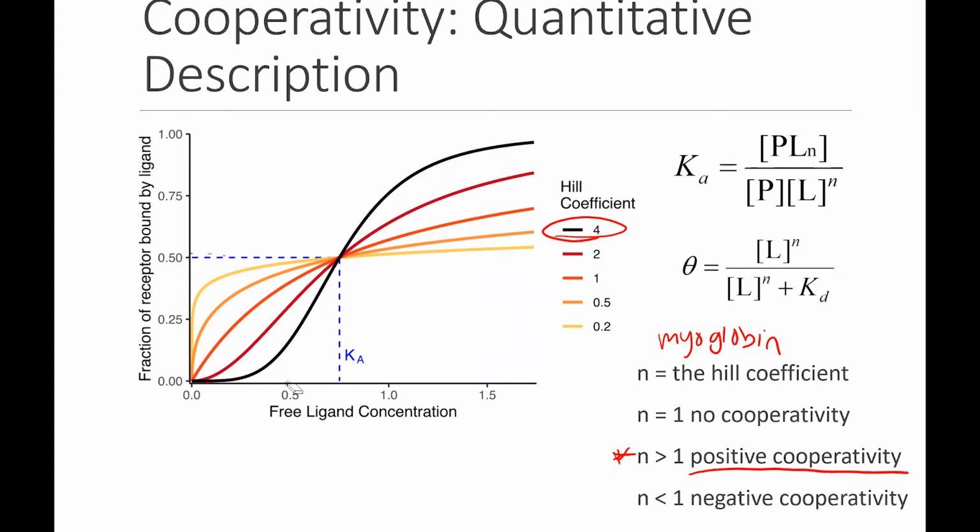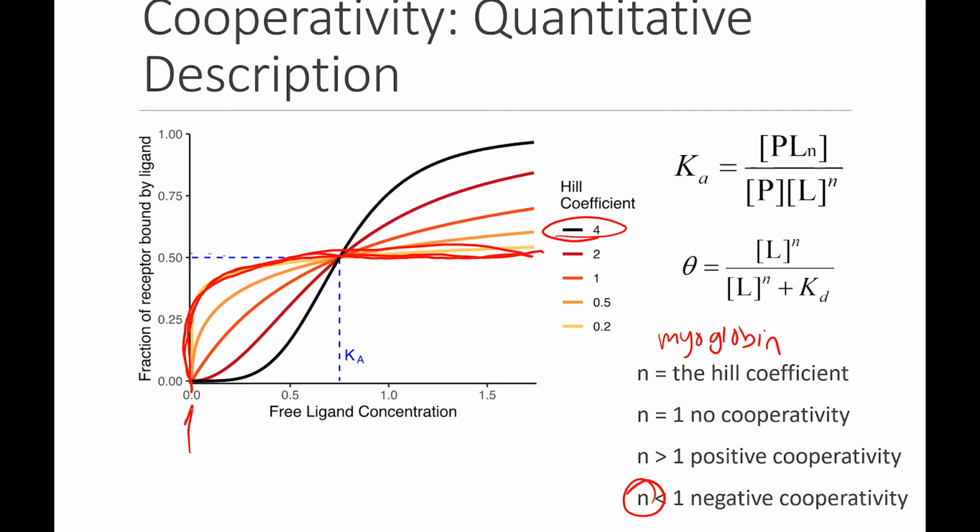So it's less of an on-off switch right here. When you have a very, very steep change, it's more on or off. And you can see, oppositely, when you have negative cooperativity, the fraction of binding, for example here, is going to have a very low Hill coefficient, which again changes its shape to be like this.